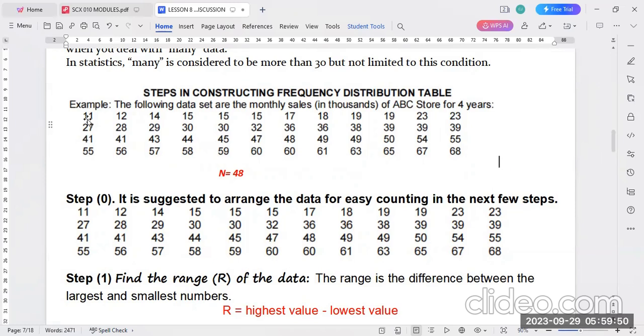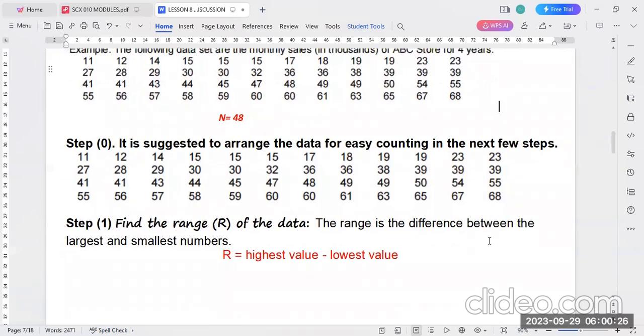Nag-start siya from left, 11, 12, 14, 15, 15, 15, 17, 18, 19, 19, 23, 23. The next number is 27, 28, 29 until 39, 41 to 55, then 55 to 68. So, naka-arrange siya from left to right. So, we don't need to arrange it anymore. But if the given set of data are not arranged from lowest to highest, much better i-arrange ninyo para mas madali magbilang.